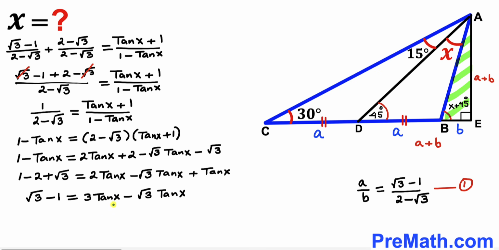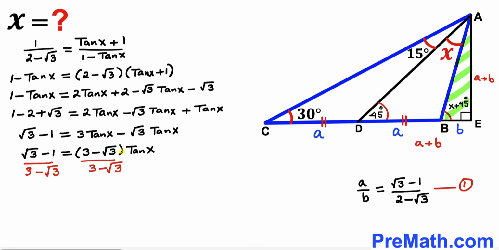And in this next step I am going to factor out tangent of x, so this could be written as (3 minus square root of 3) times tangent of x. And now in this next step I am going to divide both sides by 3 minus square root of 3 to isolate tangent of x.